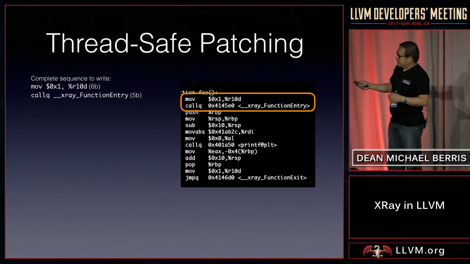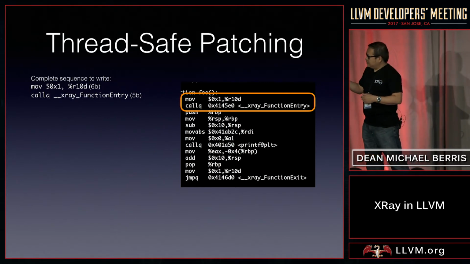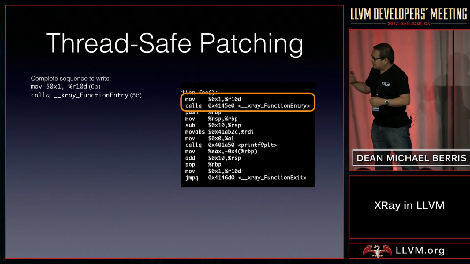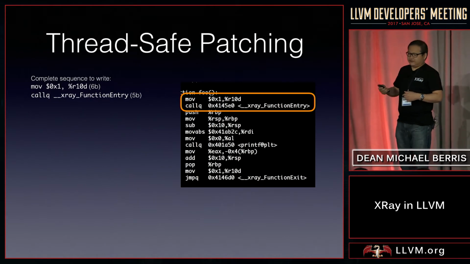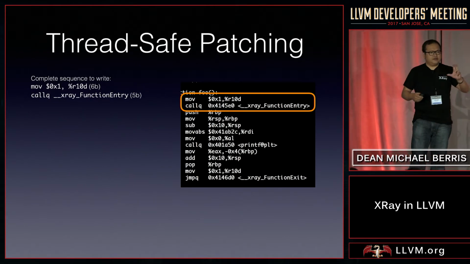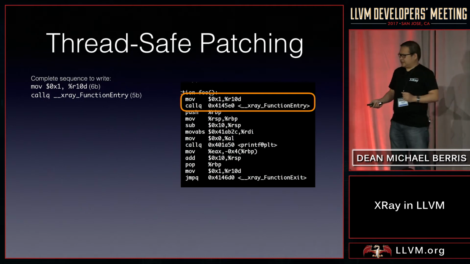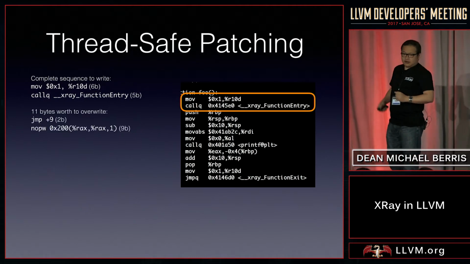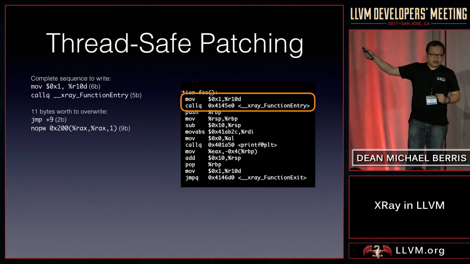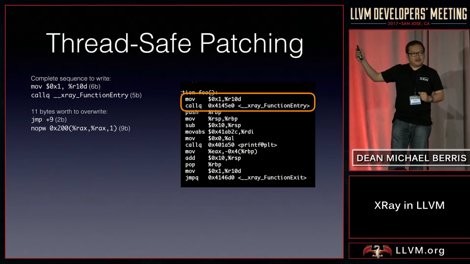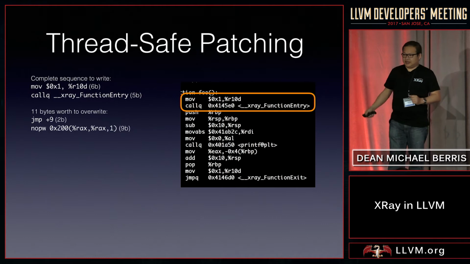If we're doing some math here, the move instruction is 5 or 6 bytes, and the call is 5 bytes, so 11. So it fits nicely into that 11-byte sled we have, right? This is the before. We want the move and call, and we want to change the jump and nops.